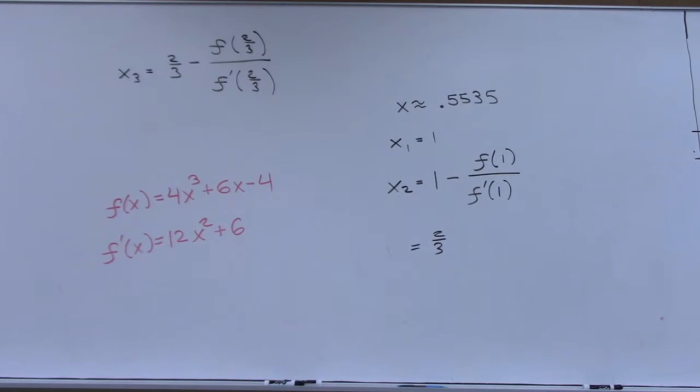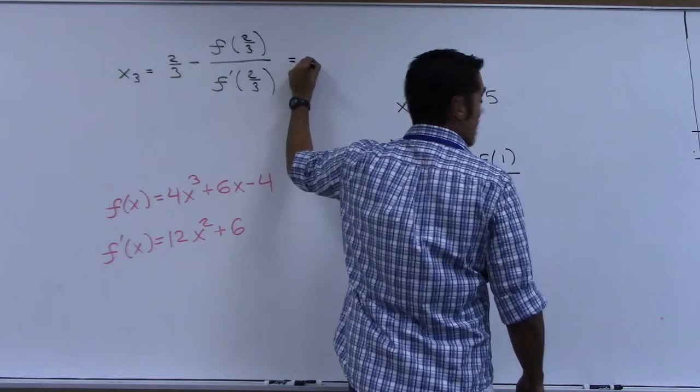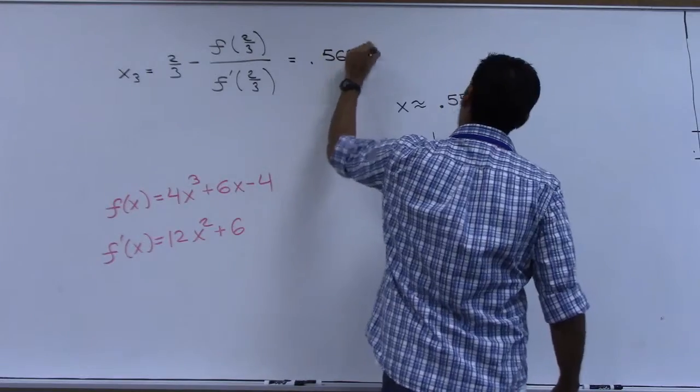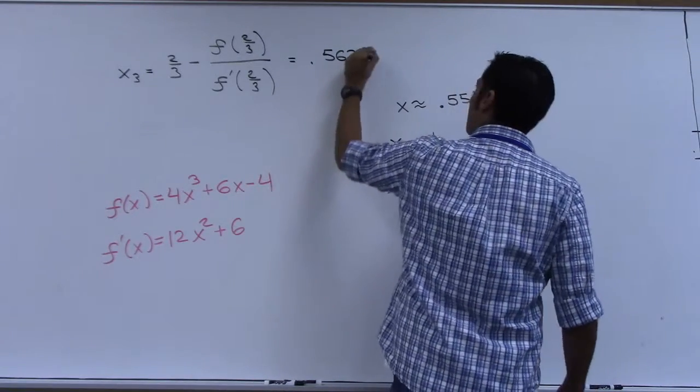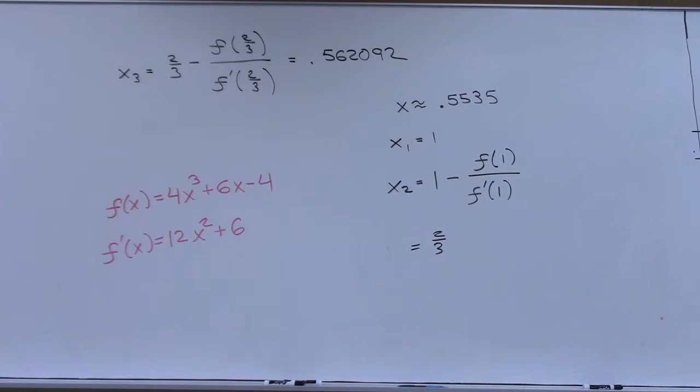It's going to do it as a fraction, but I think you would go to decimal by this point. So this is going to be 0.562092.